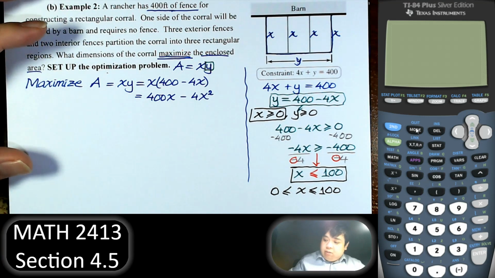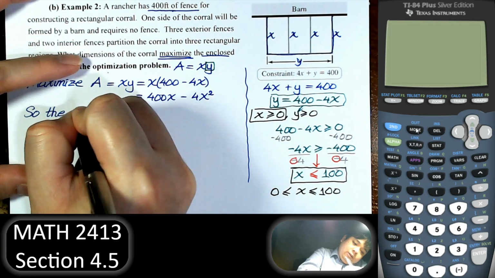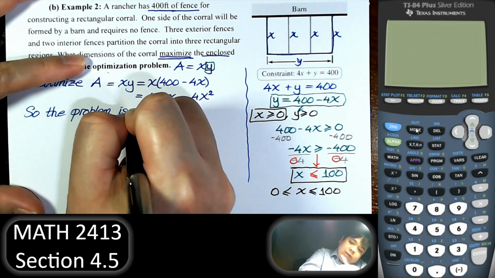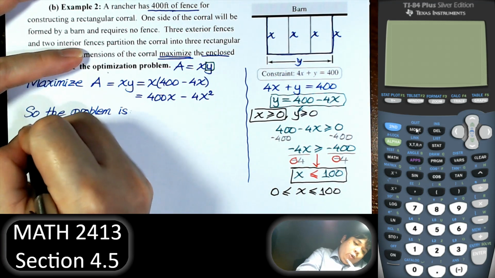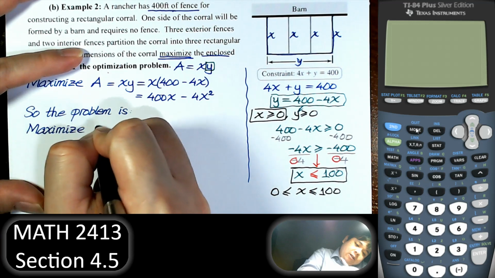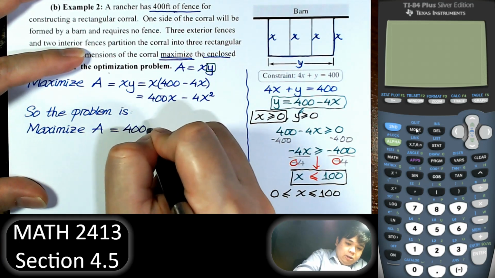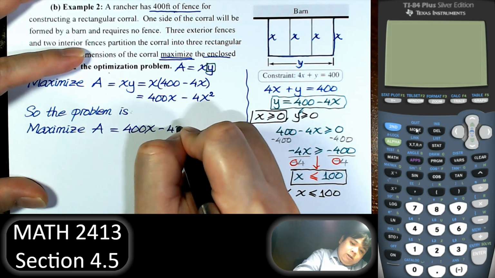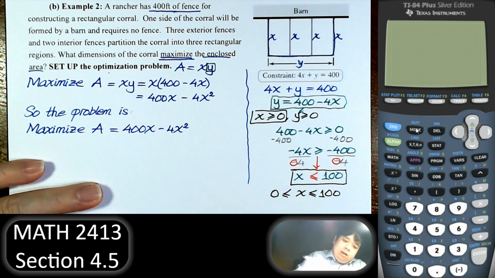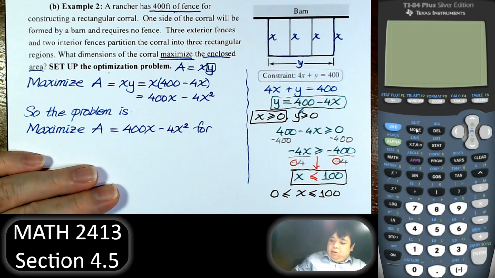Right, so we have the function to maximize and the interval. So the problem becomes: we will maximize the area function for x between this interval.